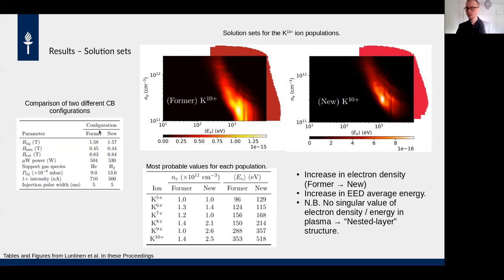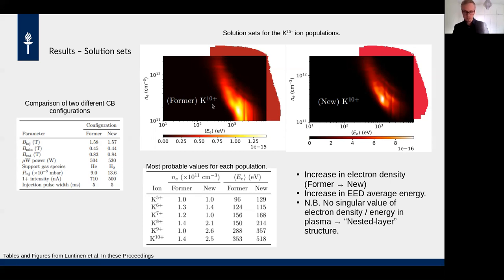This table tabulates the operating parameters used in the former and the new configuration. The magnetic field configurations too were different, and a slightly higher microwave power input was used in the new configuration. In the new configuration, a smaller intensity of the 1+ injection pulse was used.